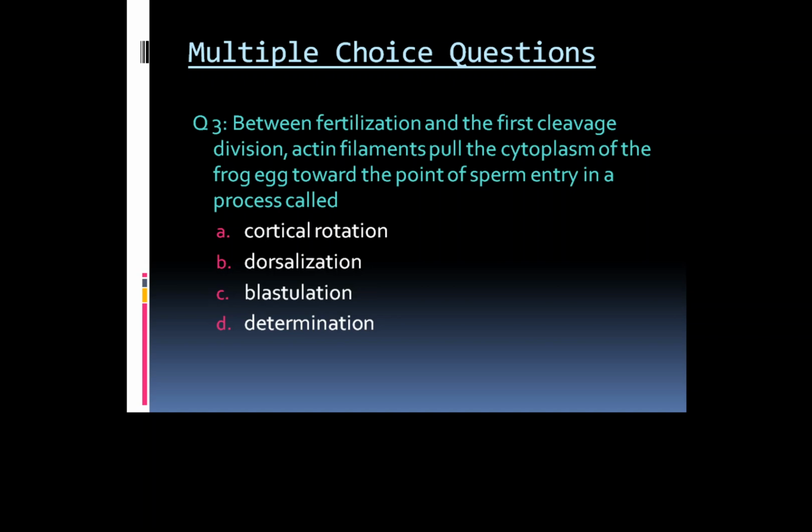Between fertilization and the first cleavage division, actin filaments pull the cytoplasm of the frog egg towards the point of sperm entry in a process called option A, cortical rotation, option B, dorsalization, option C, blastulation, or option D, determination.